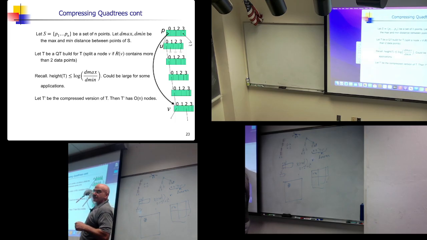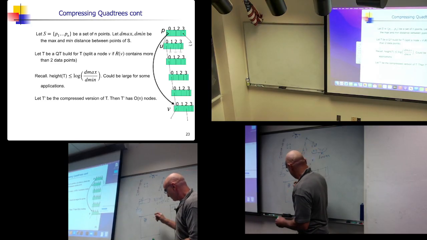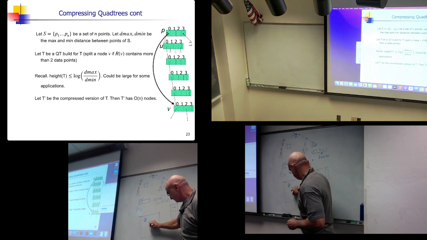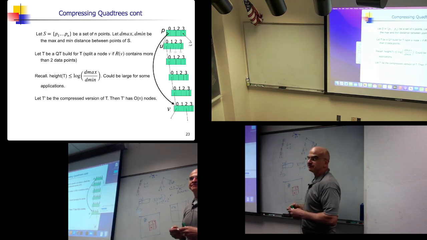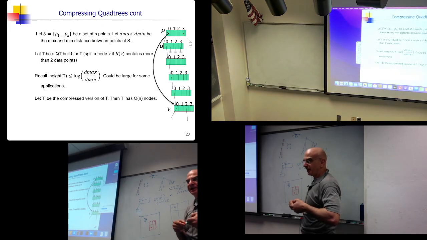If I start with a set of n points, then the number of non-empty leaves at the lowest level of the tree is exactly n. I'm splitting until every leaf has one point, or it's empty. So the number of non-empty leaves is n.